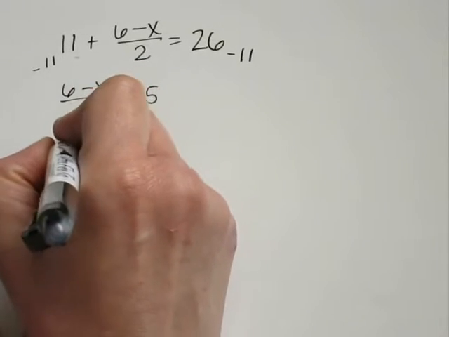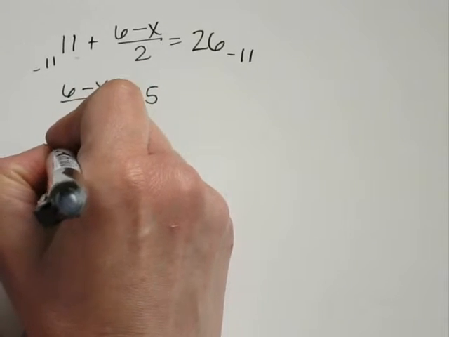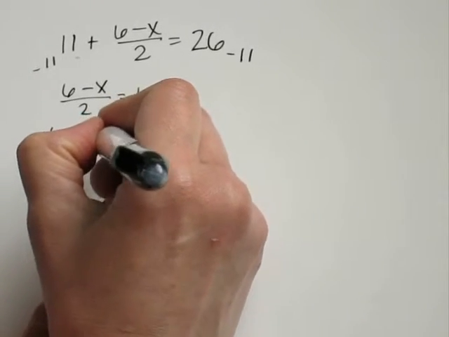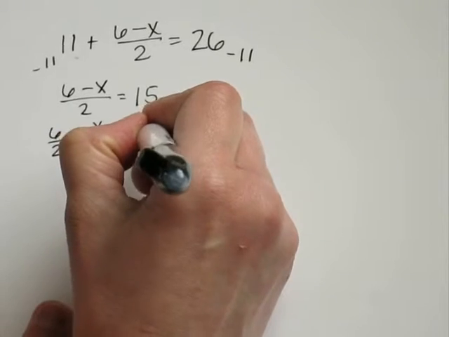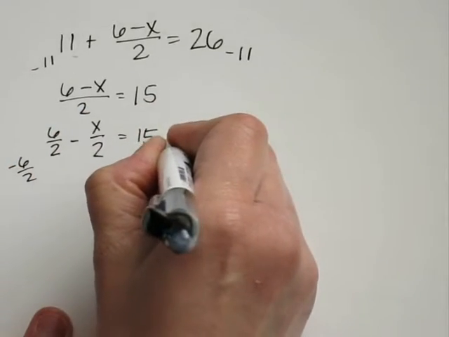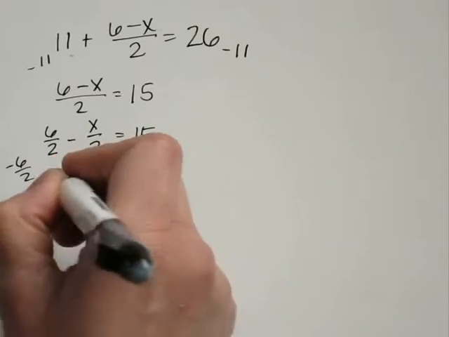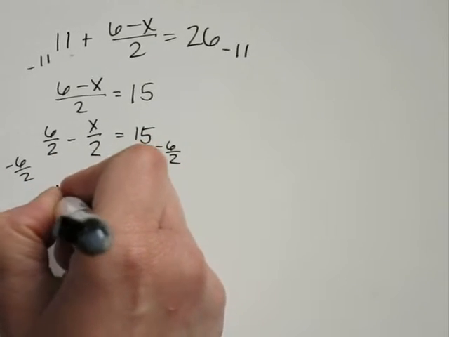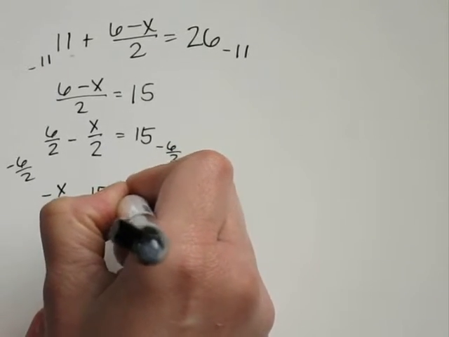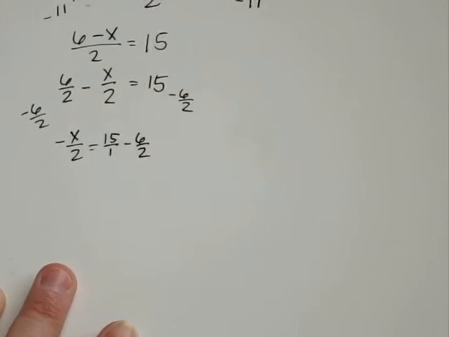Rewrite the 6 minus x over 2 as 6 over 2 minus x over 2 equals 15. Subtract 6 over 2 from each side. Leaves you with negative x over 2 equals 15 over 1 minus 6 over 2.